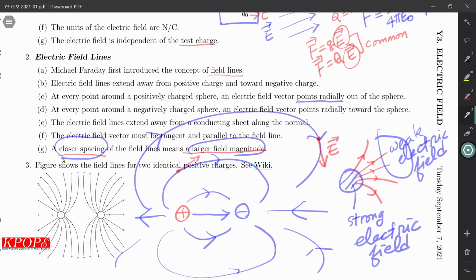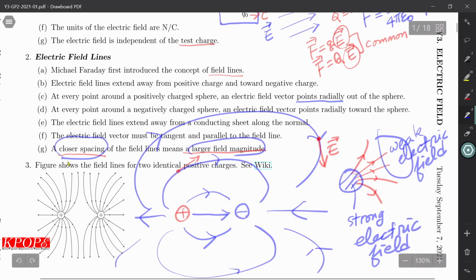Number 3, the figure shows the field lines for two identical positively charges, and for positive and negative. What happens to the negative and negative?